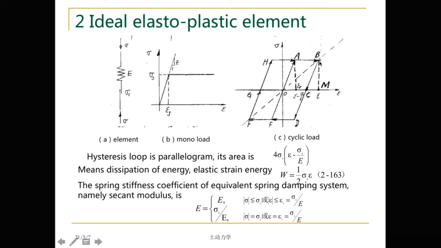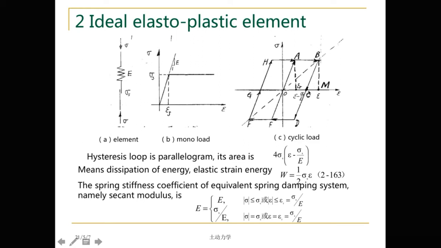Then the load will be less than the strength of the Coulomb body. Now the Coulomb body is locked. There's no strain occurred in the Coulomb body, but the spring has a strain due to the reduction of the load. Then it will deform following the linear elastic rate E, following this rate.